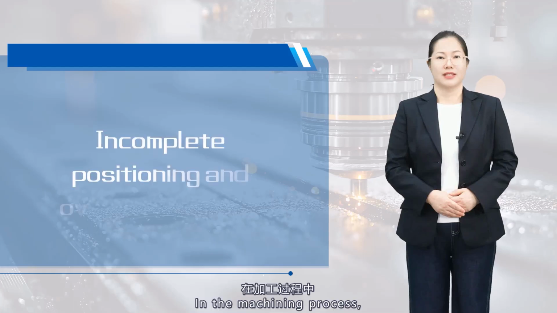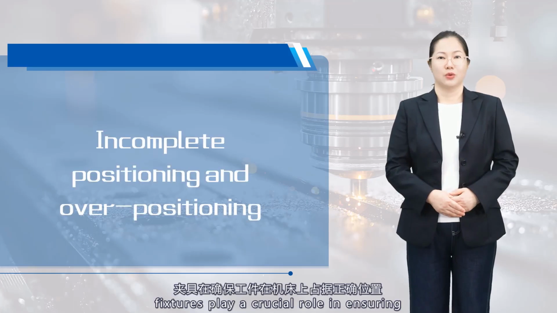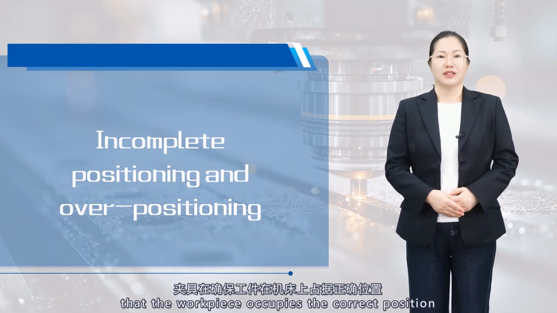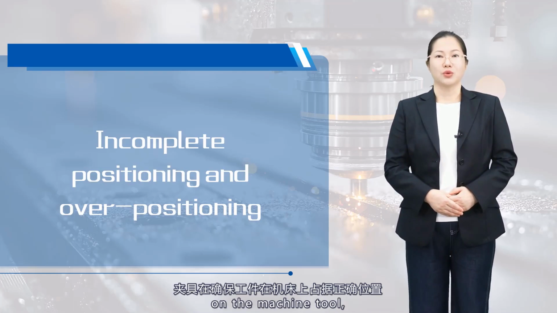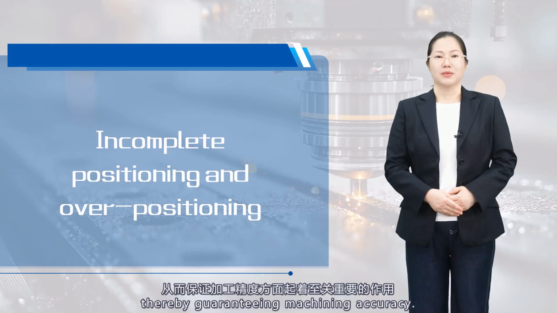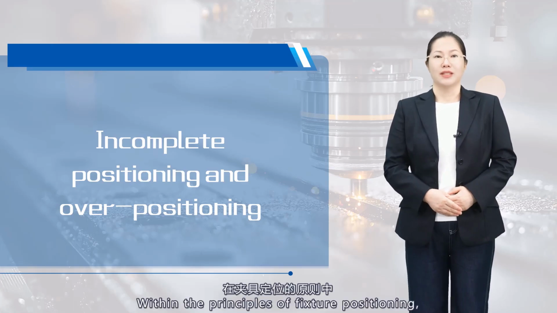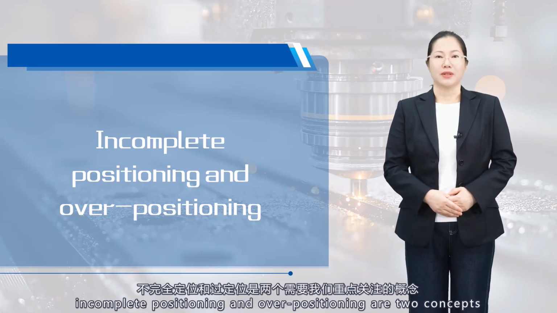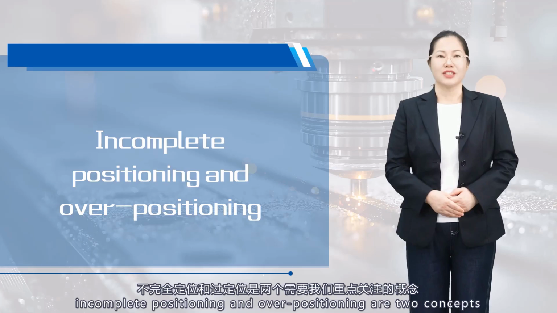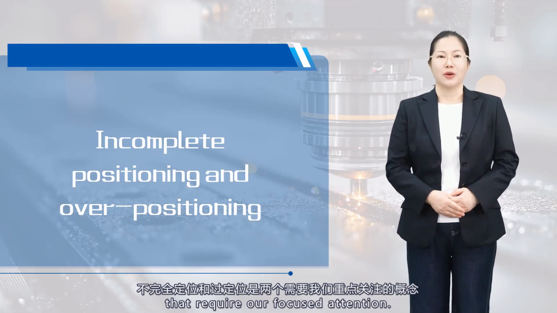In the machining process, fixtures play a crucial role in ensuring that the workpiece occupies the correct position on the machine tool, thereby guaranteeing machining accuracy. Within the principles of fixture positioning, incomplete positioning and over-positioning are 2 concepts that require our focused attention.